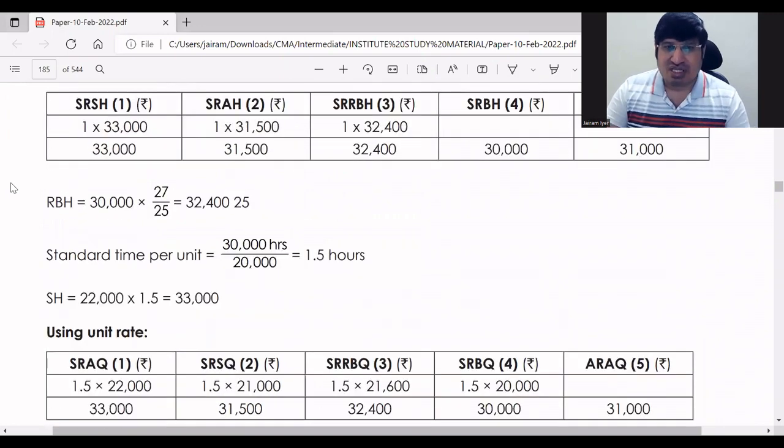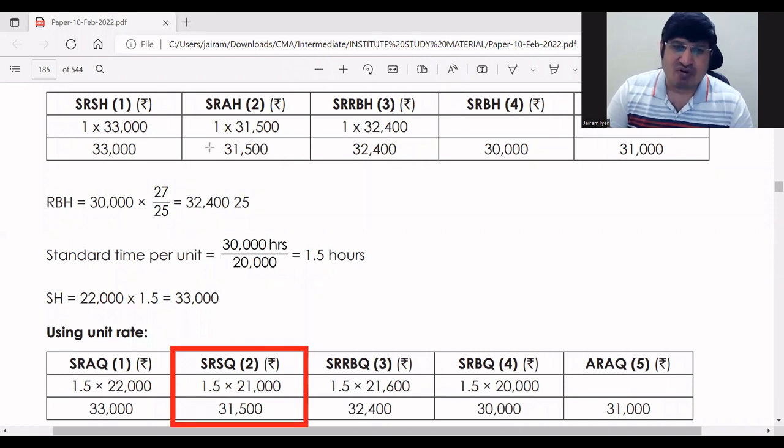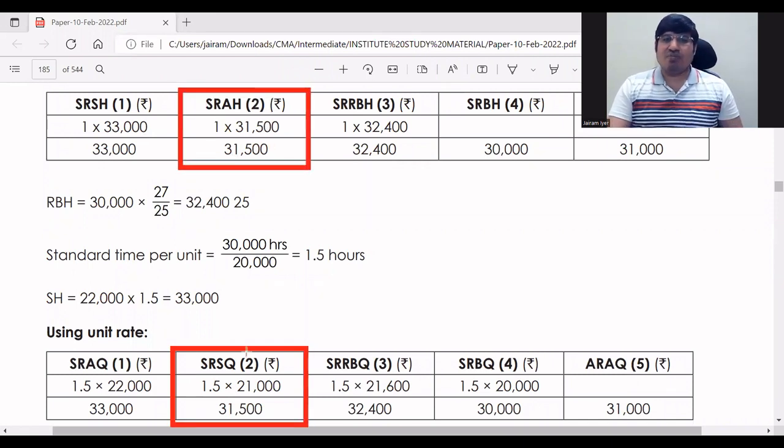So in the table, they have kept all the same things, they have just excluded number 2. This number 2 they have not shown. The reason is they do not have to use it, because capacity variance is not asked. Number 2 is required only for capacity variance, 2 minus 3.